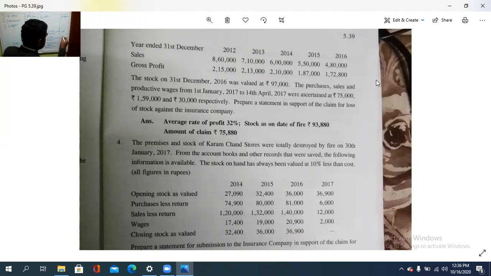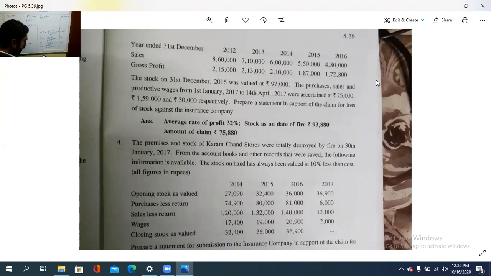Second year it is 30%, isn't it? We check it once again. 2,13,000 divided by 7,10,000 into 100, it is 30%. Third year 2,10,000 divided by 6 lakh into 100, it is 35%.